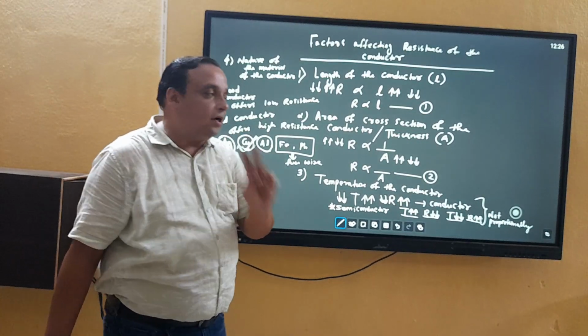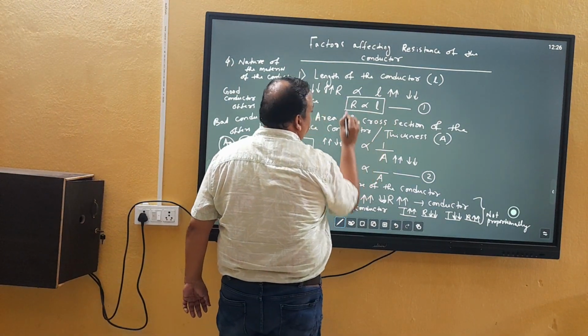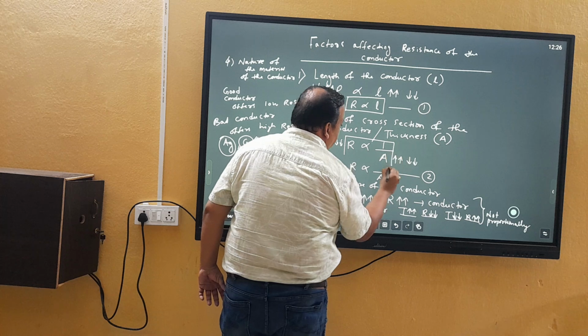We are getting 2 mathematical relationships. One is resistance directly proportional to length of the conductor. Then resistance is inversely proportional to area of cross section of the conductor.